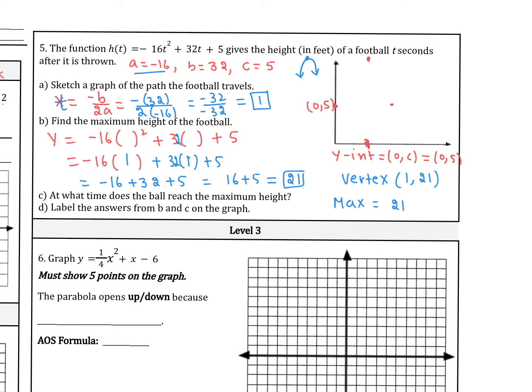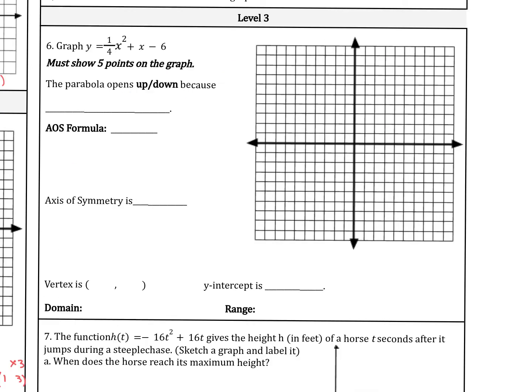Mirror this point on the other side, you're going to get the parabola that opens down, and on the top is 1 comma 21, your vertex. Maximum value is 21.